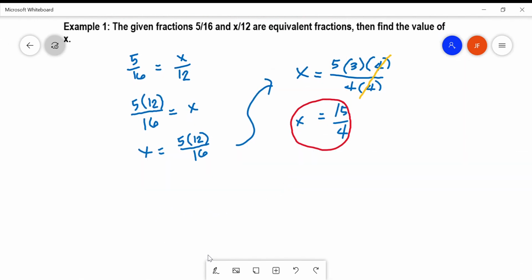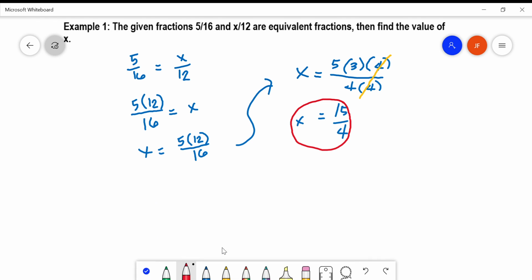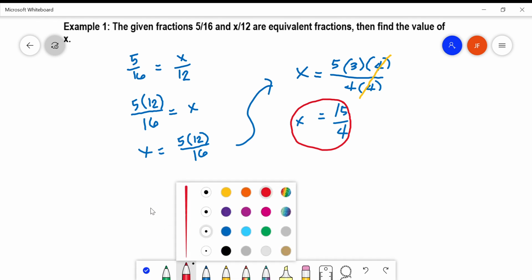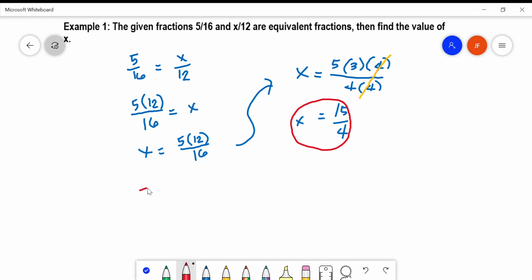Okay, so 5 over 16 is equal to x over 12. Later we are going to replace that x by the value we have found here.